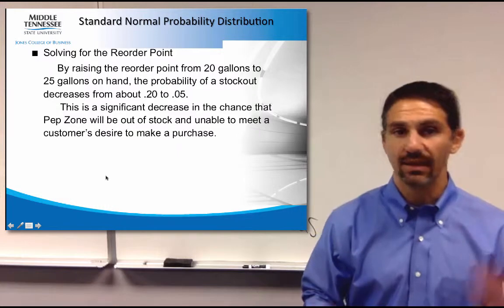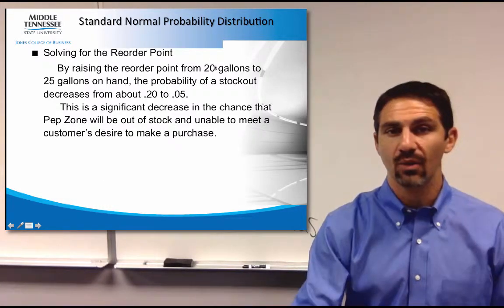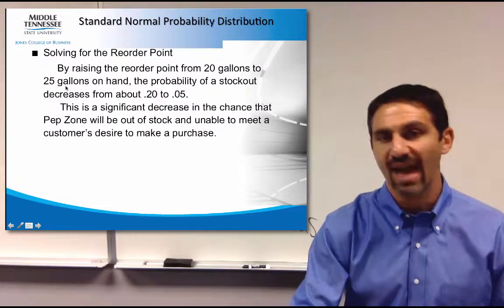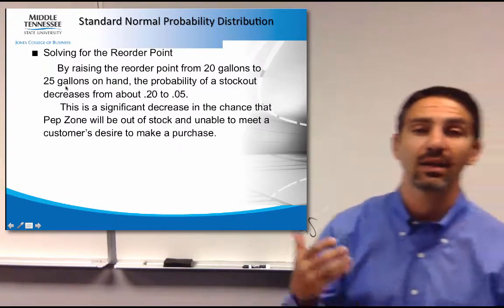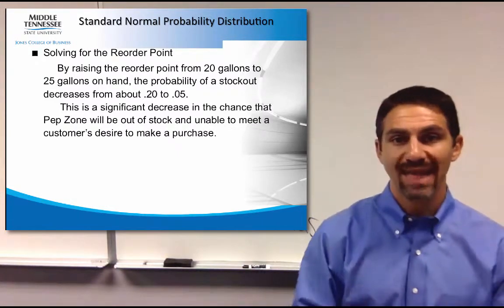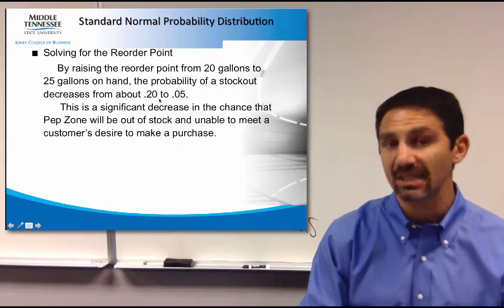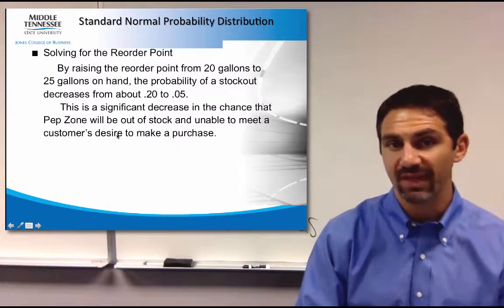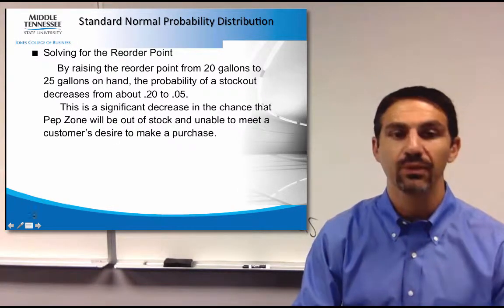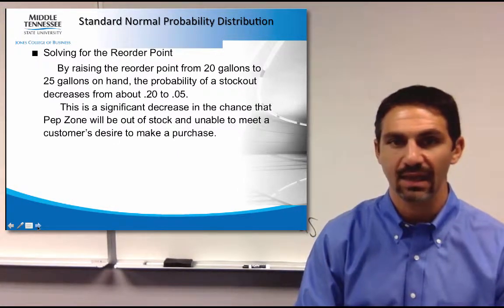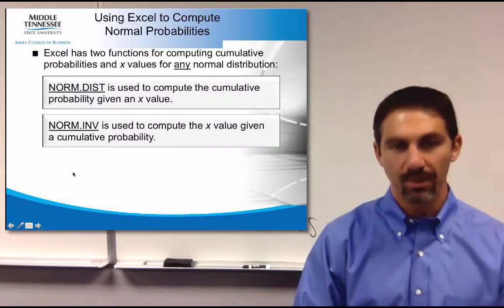So that's solving for that. Instead of ordering for 20, we'll order 25. Of course, that means a little bit higher inventory levels, but that also means we've reduced the percentage that we run out of stock by 15%, which hopefully will improve the bottom line anyways, and it's okay if our inventory levels go up a little bit.